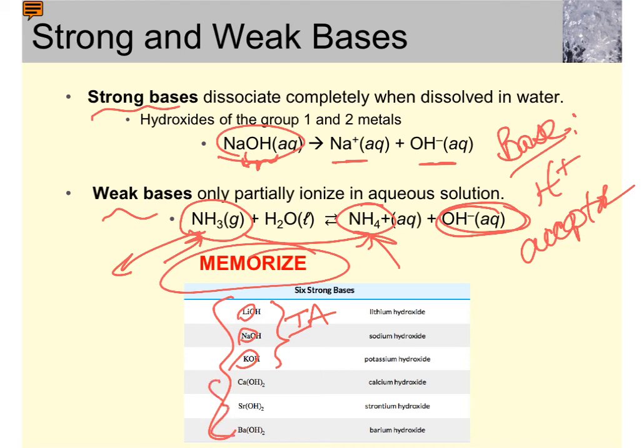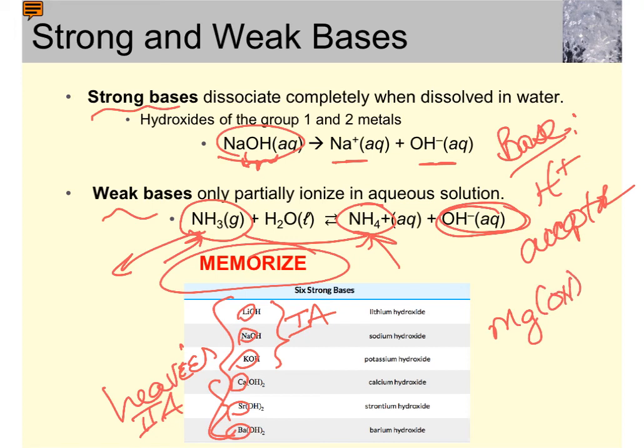And then the heavier group 2A hydroxides are also strong. But the lighter group 2A hydroxides, like magnesium hydroxide, are not strong bases. And it's debatable. Calcium hydroxide, some sources don't call it strong and others do. So I tend to stay away from that on my exam because it's kind of in a nebulous zone.